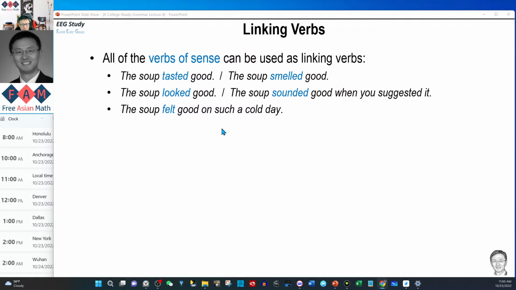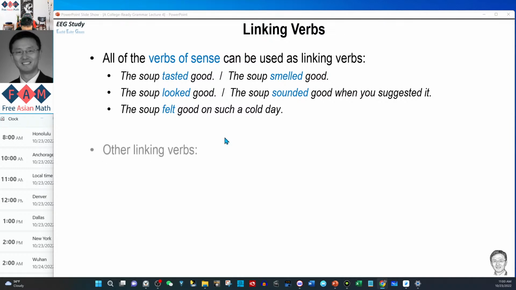Yeah, I just had a bowl of this soup. It really felt good. Okay, but this is not about I feel good. This is about soup felt good. The adjective good is describing the soup. Okay, so felt here is again a linking verb.